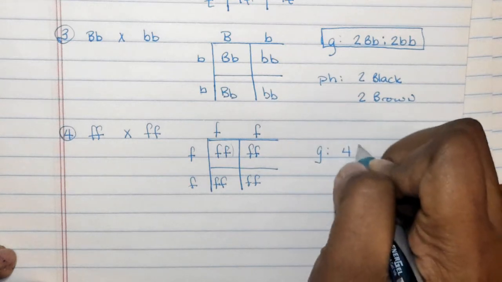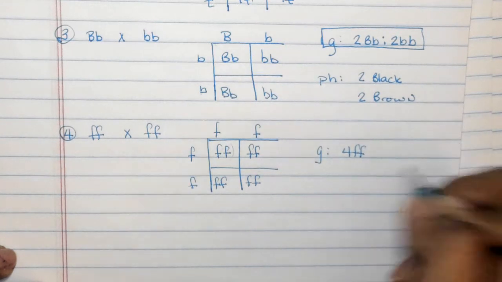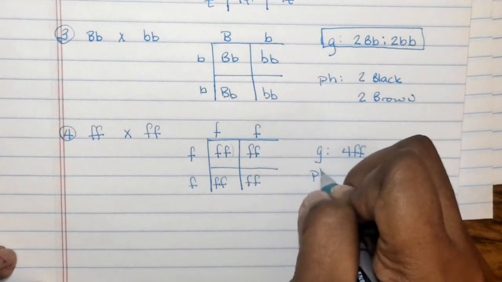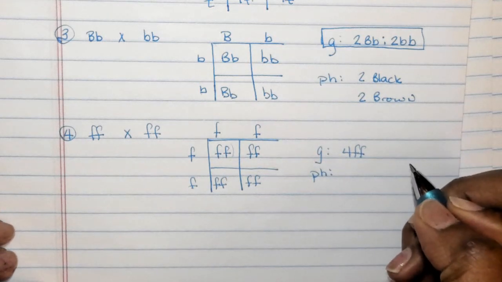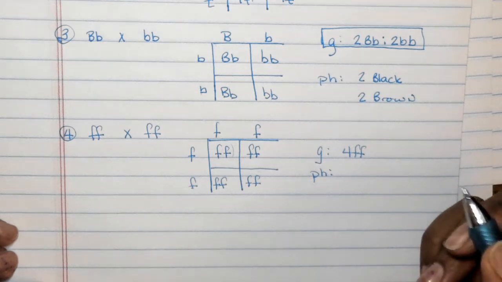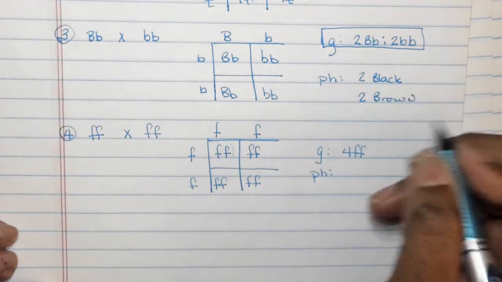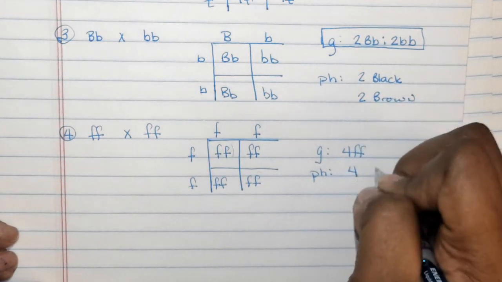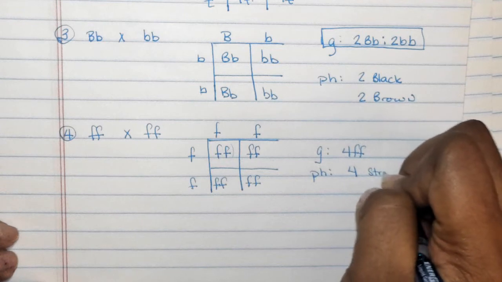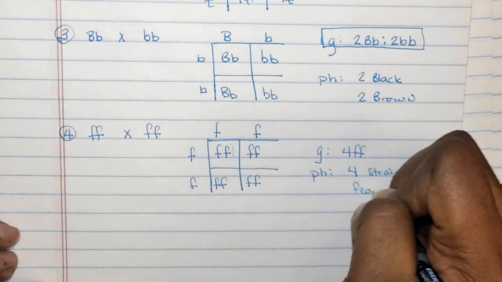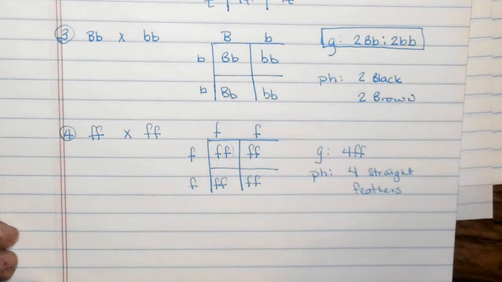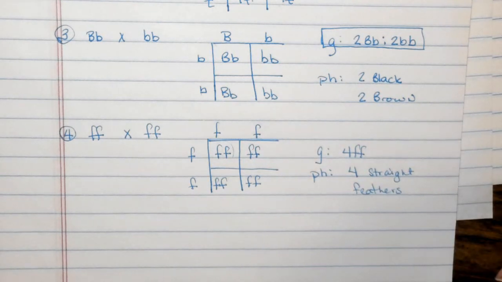So 4, little f, and the phenotype ratio is all going to be the same too. And so what did little f mean? It meant straight feathers. So all 4 offspring are going to have straight feathers. All right, 25 points for that one.